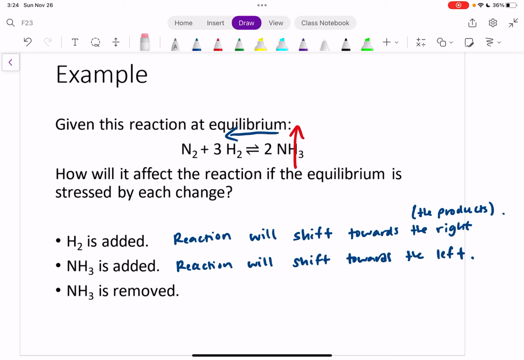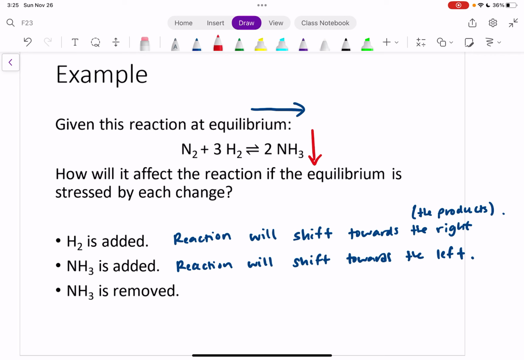All right, now say we remove NH3. We decrease the concentration of NH3. Now there's less NH3 in our vessel to react, and we can't make as much of these two things. So now the reaction is going to shift this way, right? We no longer can back react because there's not enough of this to back react, so we can't get back our reactants.